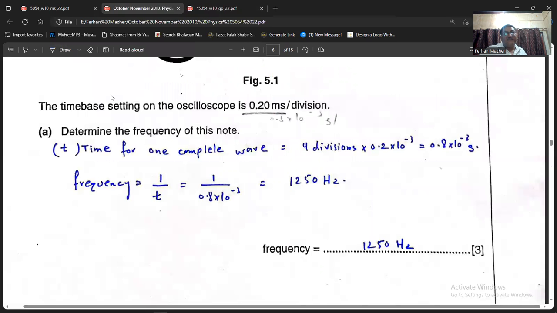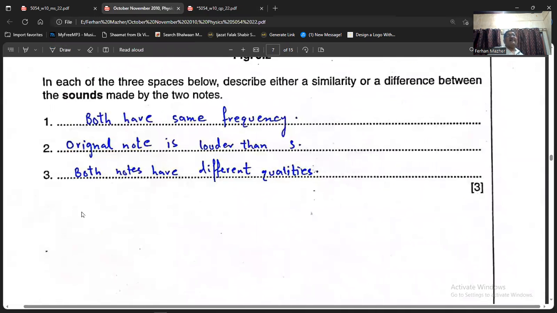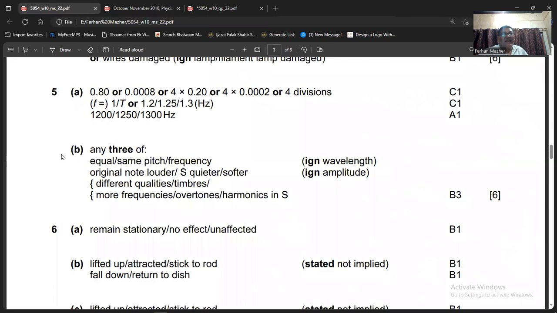So let's check what we have written here. Okay, both have the same frequency. The original note is louder than S because the original note's amplitude is larger. Both notes have different qualities. Yeah, this is also a difference between them. The basic shape of their waves is different from each other, so we call it quality. So the quality is also different.